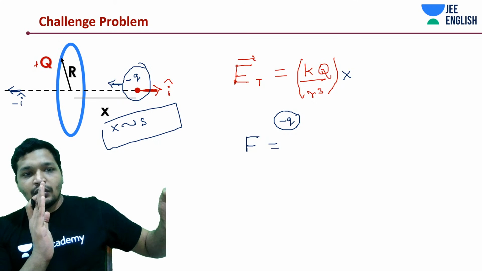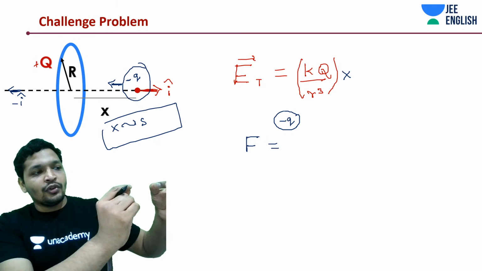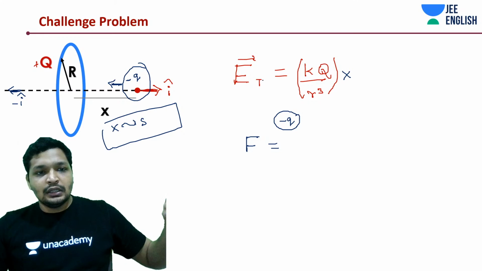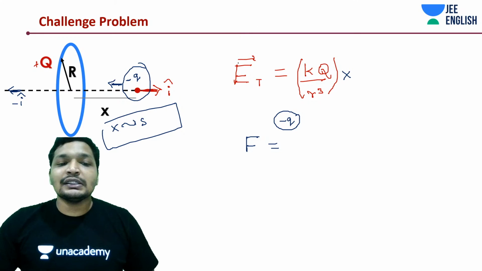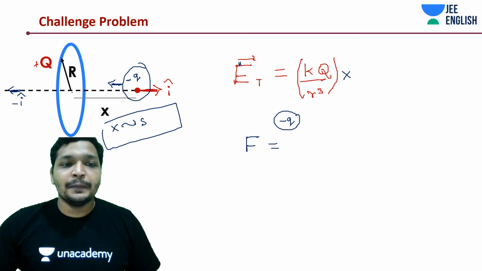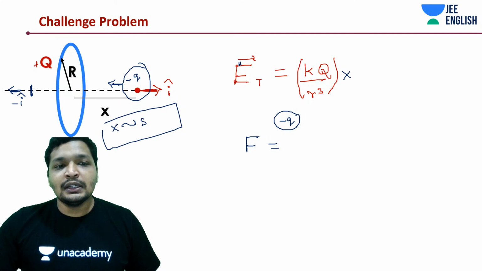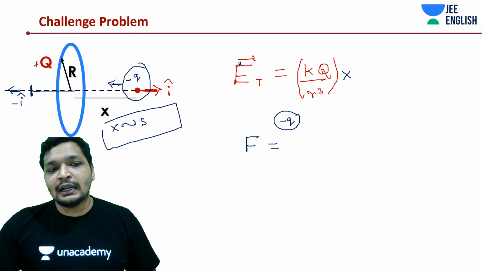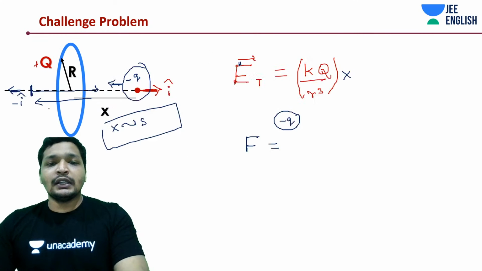It will go until some point over here and will start executing simple harmonic motion. It will go until some point, get attracted, move back, come over here, go over there, go back, come over here, and so on.